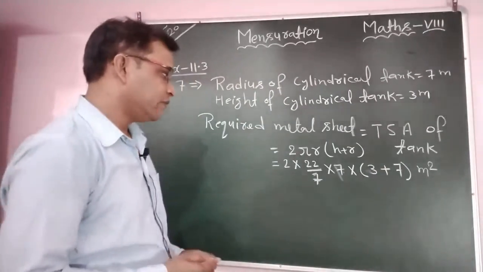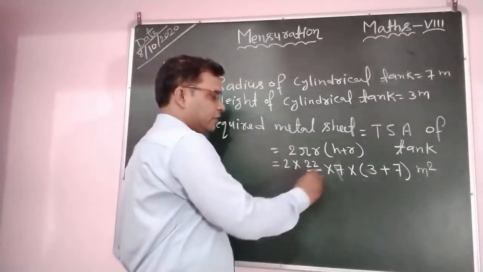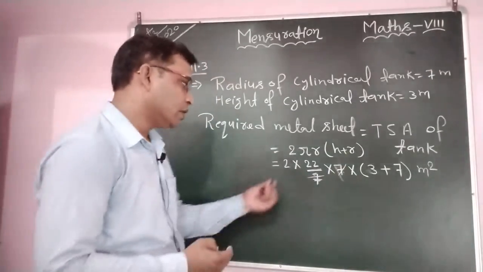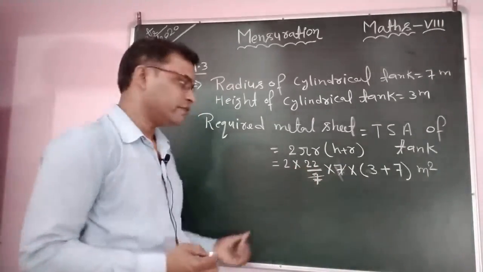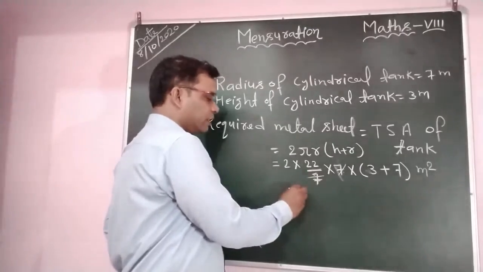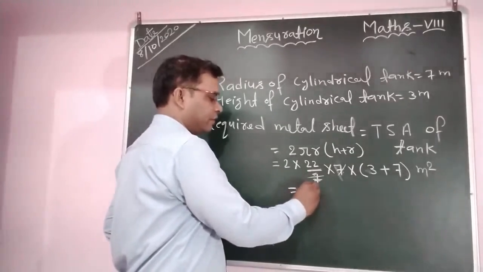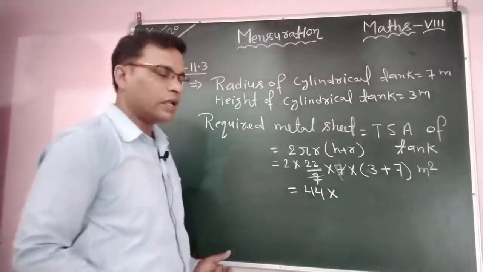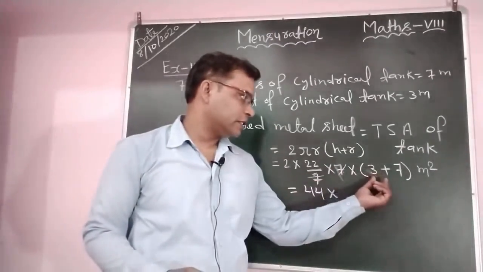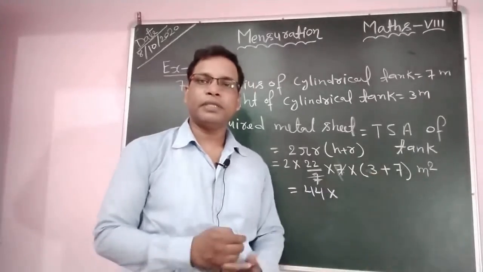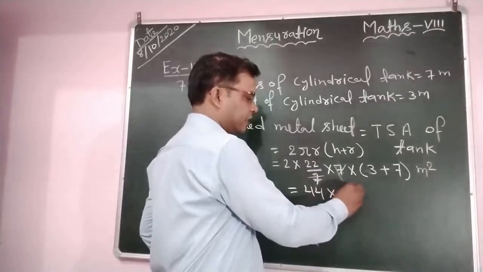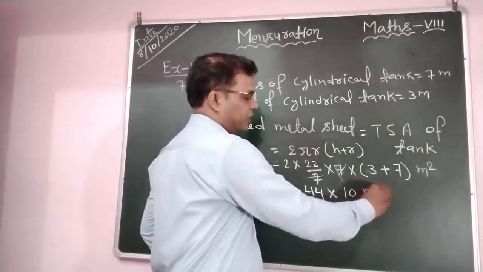If you cancel, you can cancel 7 by 7. Now 2 into 22 is 44, you know very well. So this is equal to 44 into (3 plus 7). 3 plus 7 is 10, in square meters.